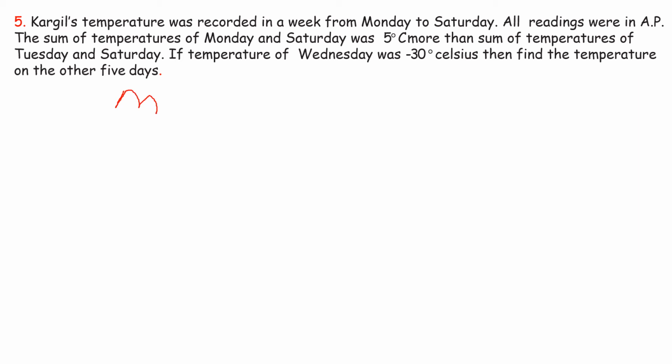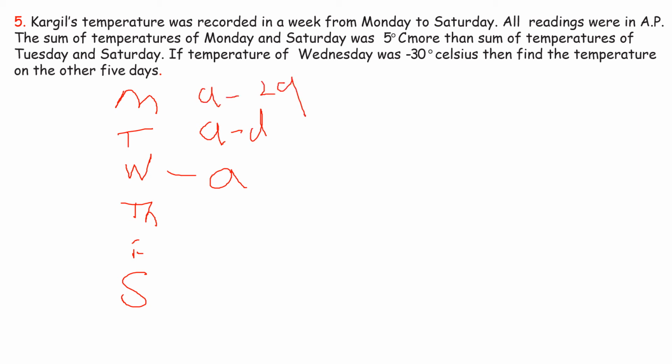Monday, Tuesday, Wednesday, Thursday, Friday, Saturday. This term we take as a, then this is a minus 2d, a minus d, a, a plus d, a plus 2d and a plus 3d.